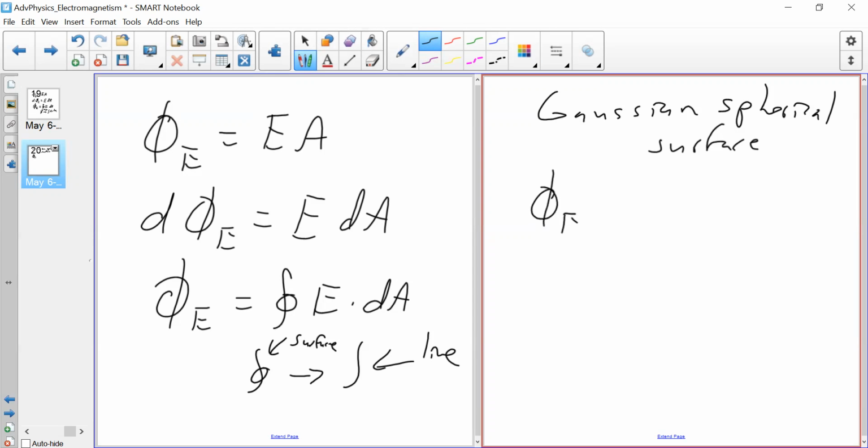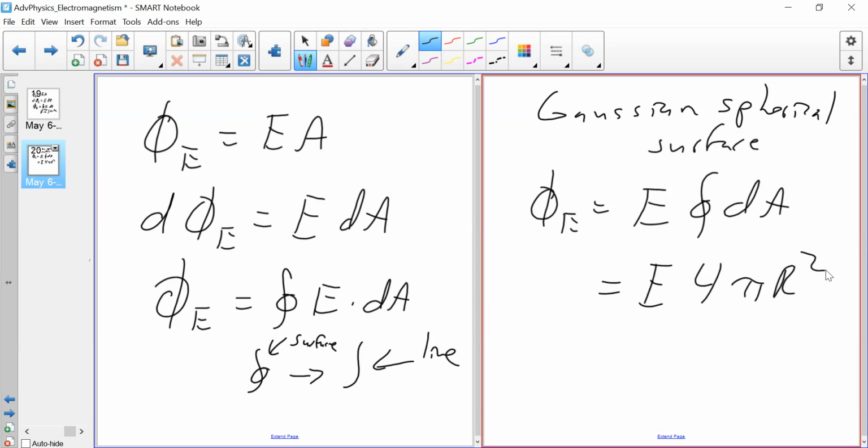We'll take this integral here. E is constant, so we can take it out of the integral. We integrate over the surface area of the sphere, integrate all the pieces, and we get 4 pi r squared. So that's phi E, the electric flux.